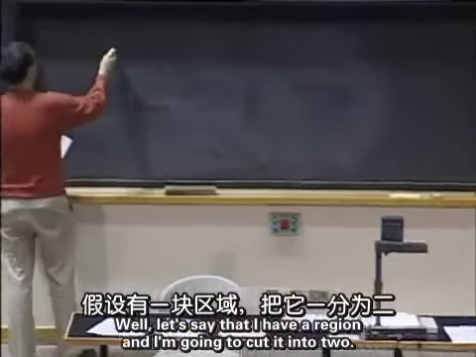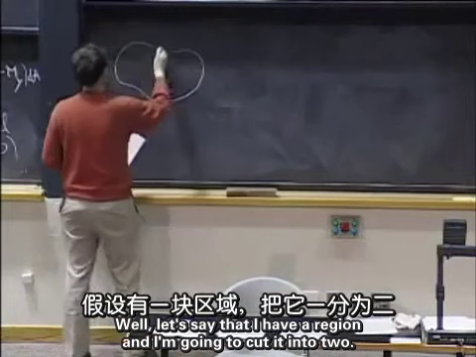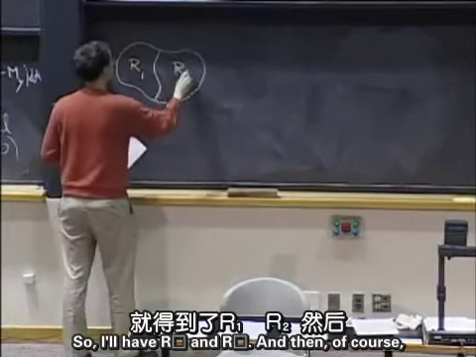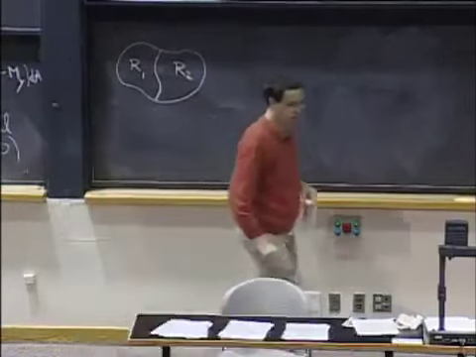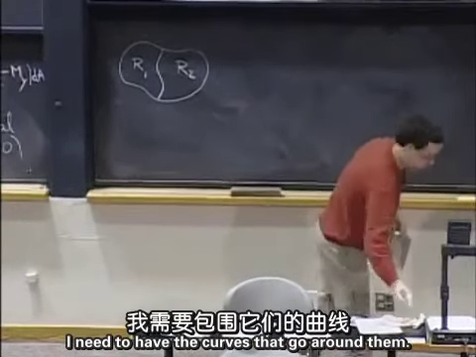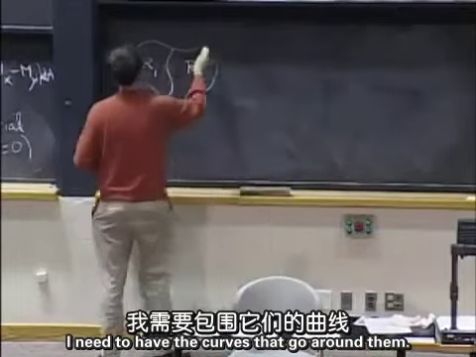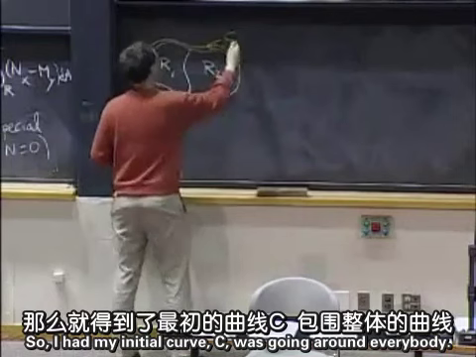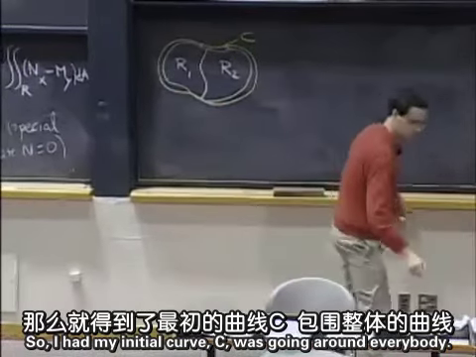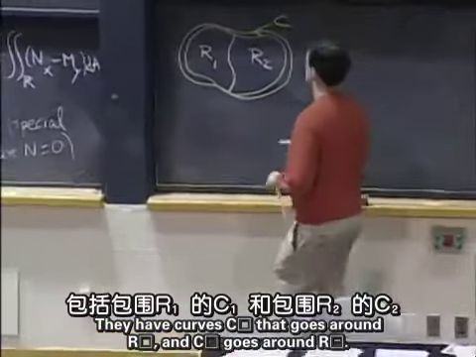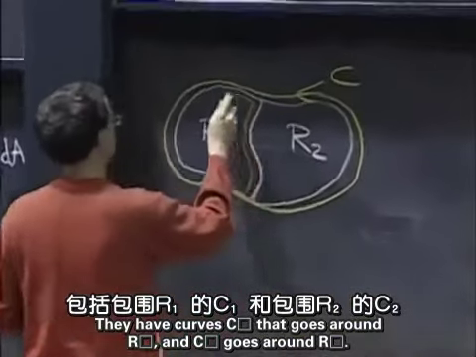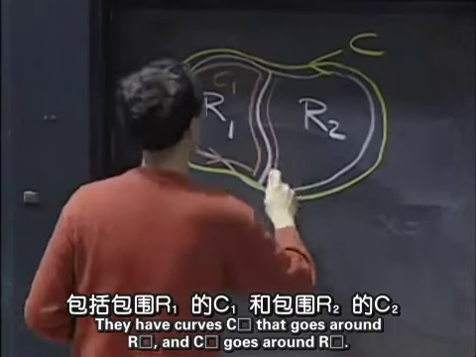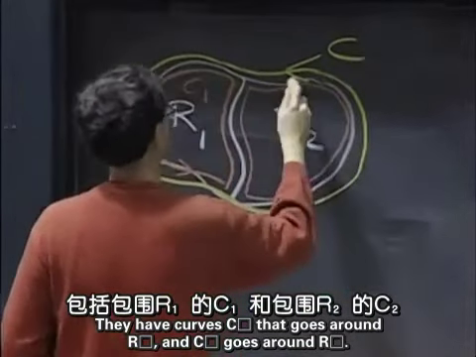Well, let's say that I have a region, and I'm going to cut it into two. So I will have R1 and R2. And then, of course, I need to have the curves that go around them. So I had my initial curve C was going around everybody. And I have curves C1 that goes around R1, and C2 goes around R2.